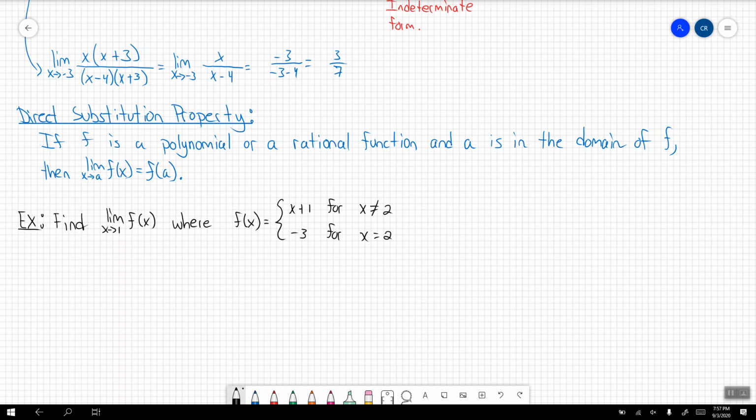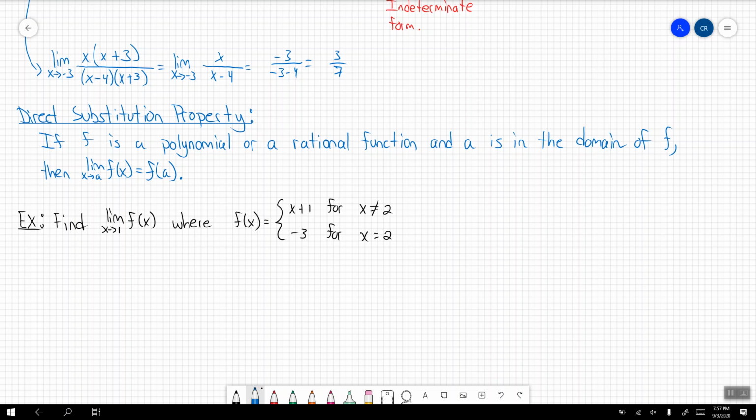Now, we're going to start analyzing this. Let's start trying to evaluate this limit. Can we do a direct substitution? The answer here is yes, you can do a direct substitution. However, you then have to identify which individual piece you are on for this piecewise defined function.